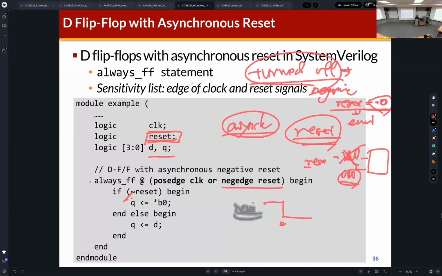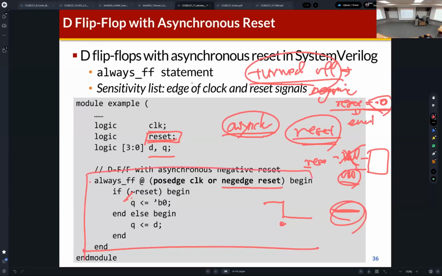Otherwise, this always block is activated at the positive edge of clock, the rising edge of the clock. But at the rising edge of the clock, the reset signal should be 1. Then Q becomes D at the rising edge of the clock. Okay. So this is actually the common flip-flop we use in the system.